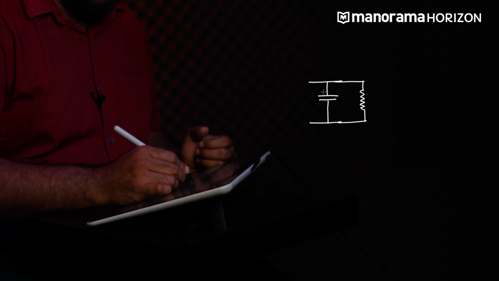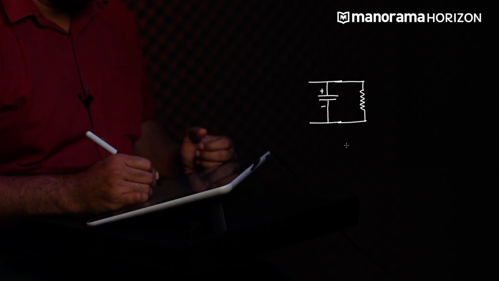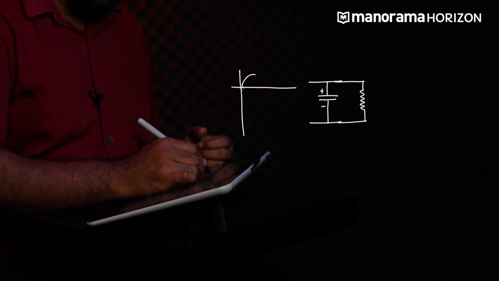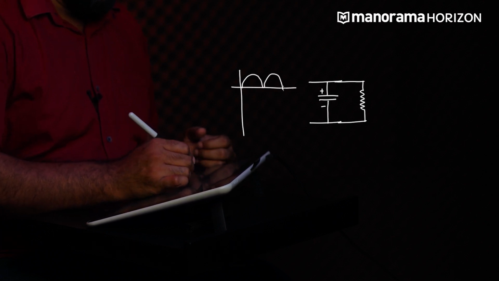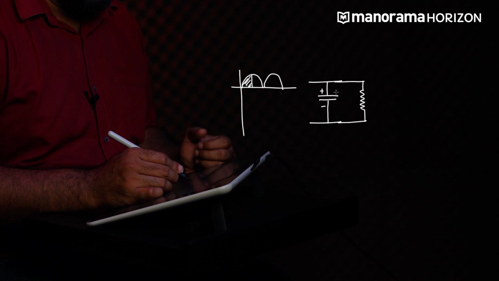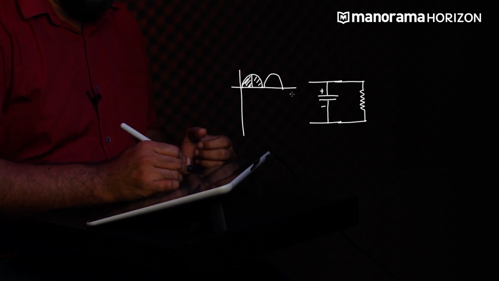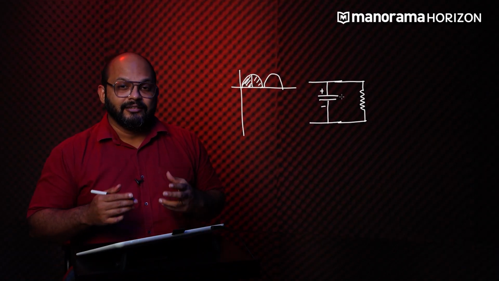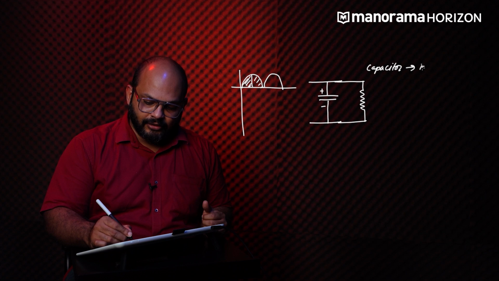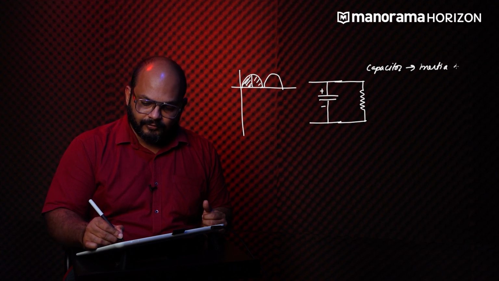The capacitor will charge during the positive half cycle, and so this is the output being received by the capacitor. As the voltage here increases, the capacitor gets charged to full value. But as the voltage here decreases, the capacitor will try to maintain the same voltage because a capacitor shows the inertia of voltage.